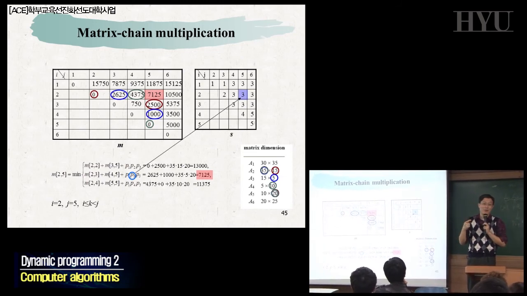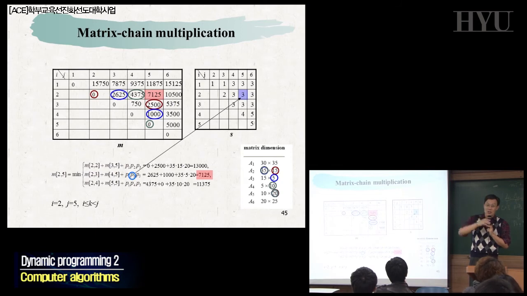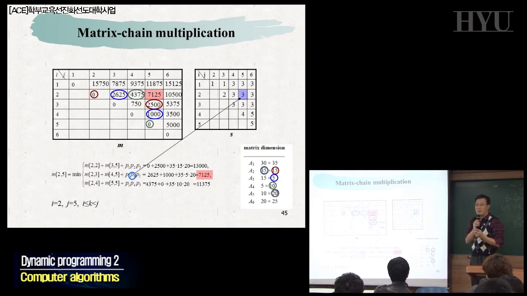Do you remember the assembly line scheduling problem? We maintain the array L to trace back. In this case, this table M only shows the minimum number of scalar multiplications. So if we want to find the minimum parenthesizations, we have to trace back.